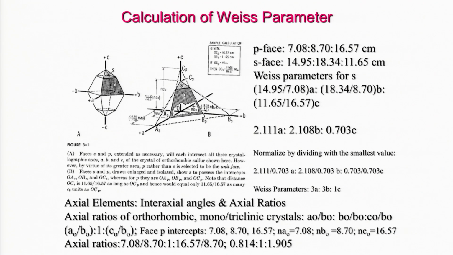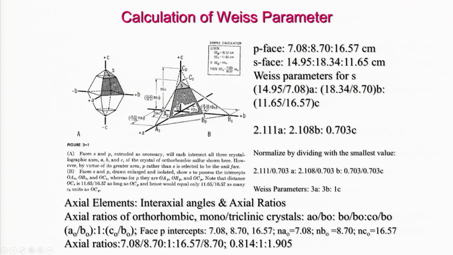Let us consider how to develop the Weiss parameter symbol of a second phase, if we consider one of the phases as the unit phase or parametral plane. Let us consider this crystal here. There are two phases.